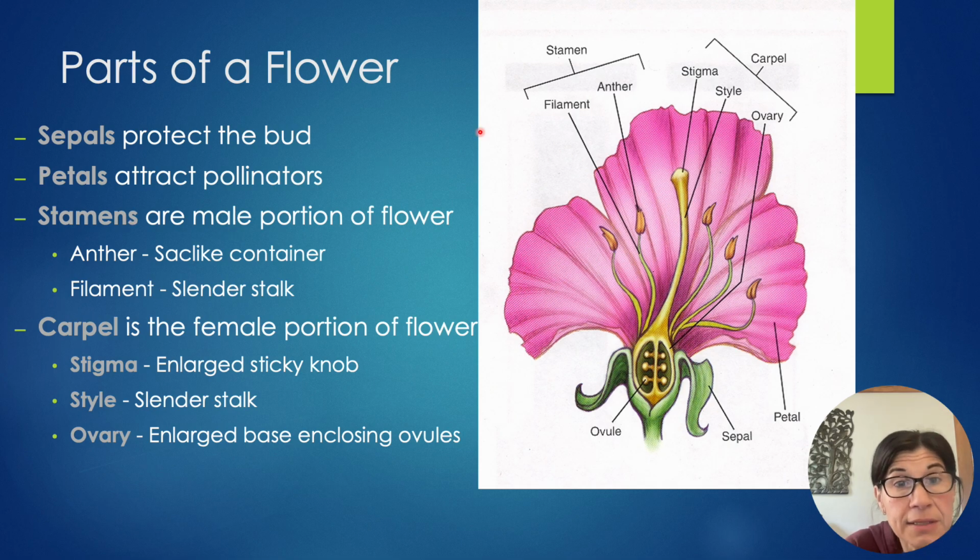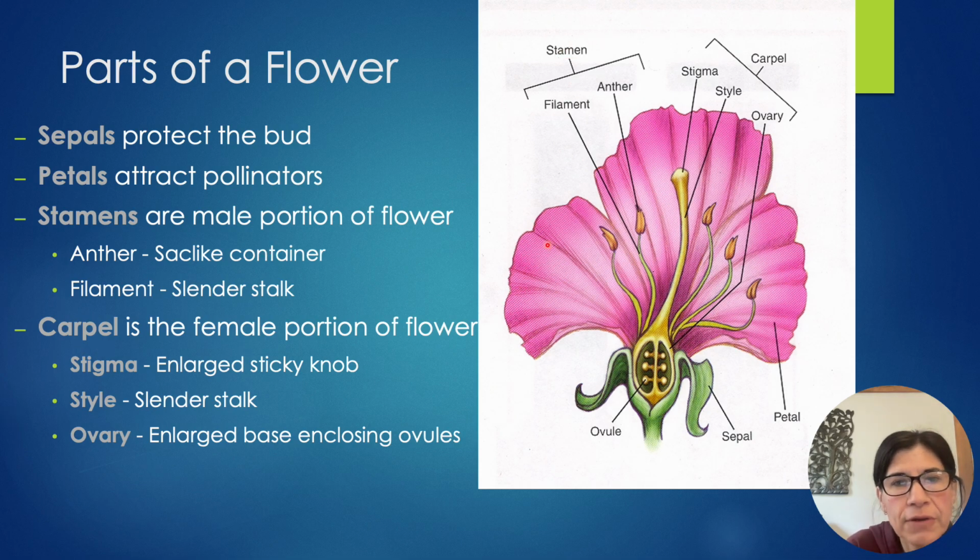The stamens, okay, think of stamen. This is the male portion. Men have the anther, right, which is this bigger container that's going to hold the pollen. And then the filament, which is the stalk that holds the anther up.